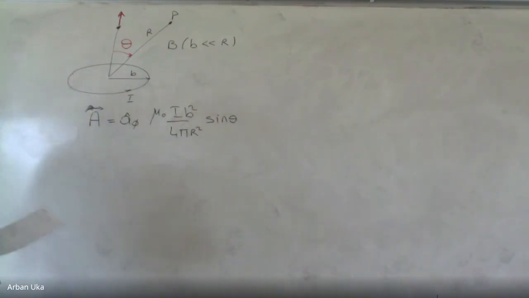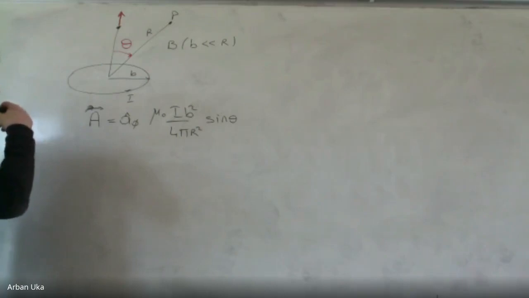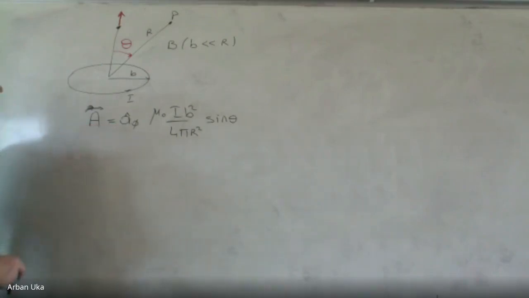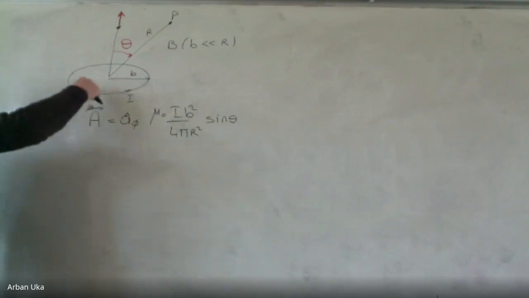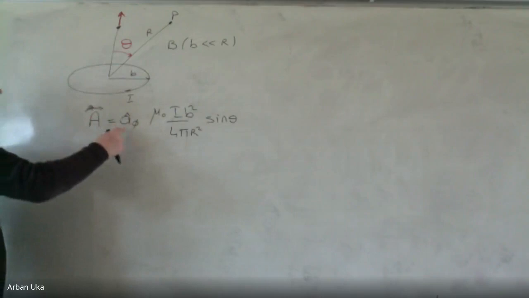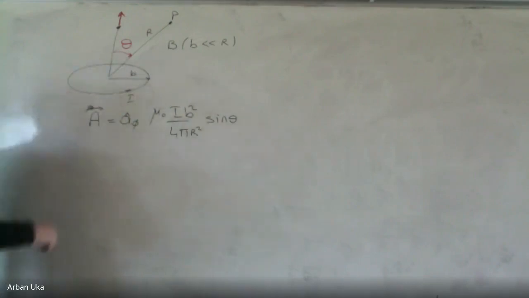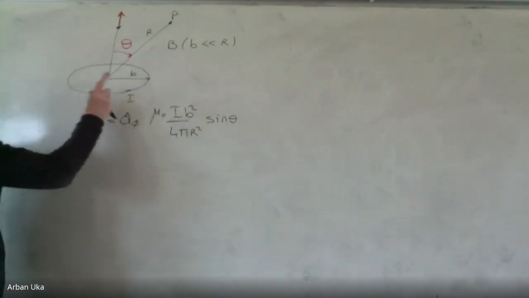If we have a look here, we know that A should be in the direction of the current. And if the coordinates here are cylindrical or even spherical, the current is going along a phi.